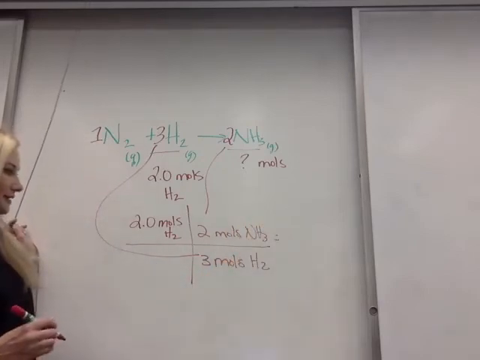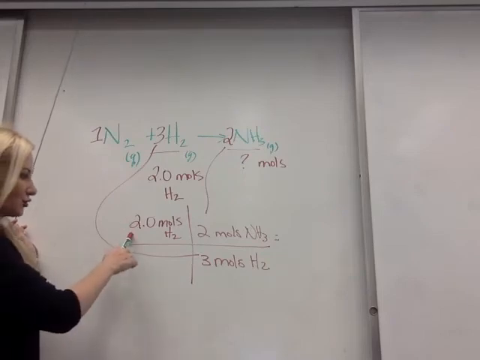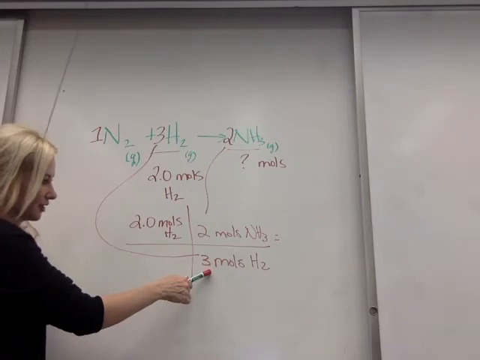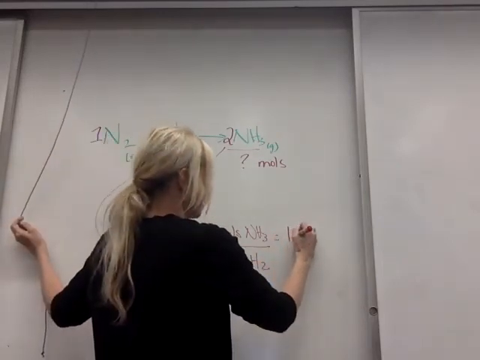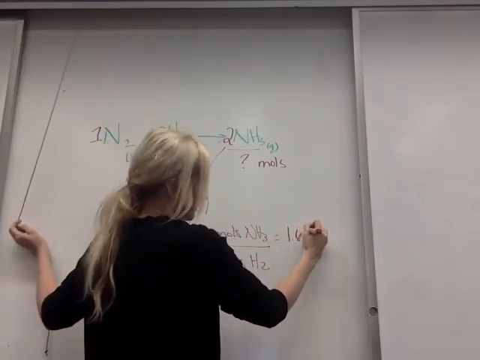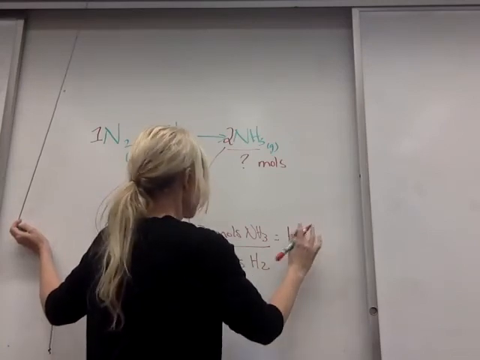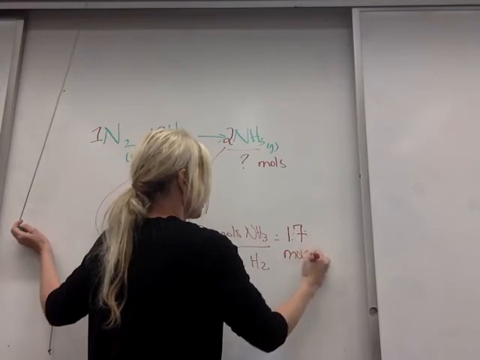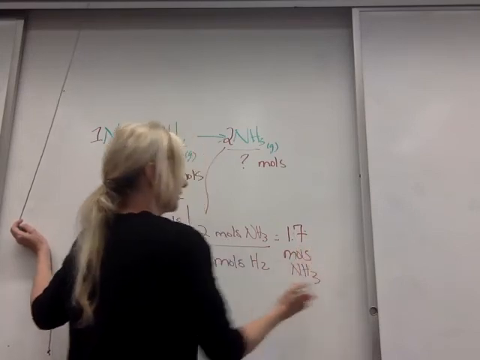So what that means is that it's 2 times 2 is 4, divided by 3, should give me about 1.67, and I guess I should have the same sig figs as I began with, so 1.7 moles of ammonia.